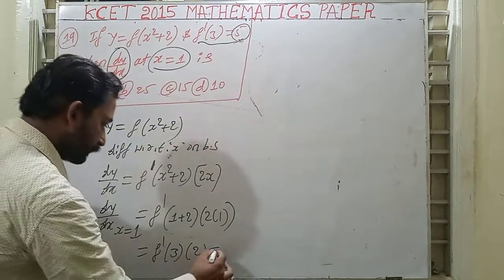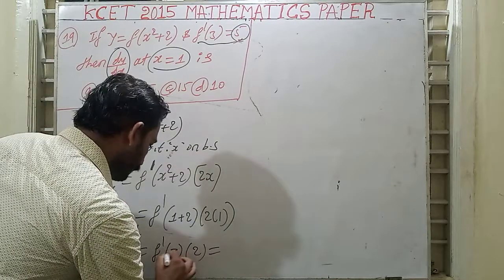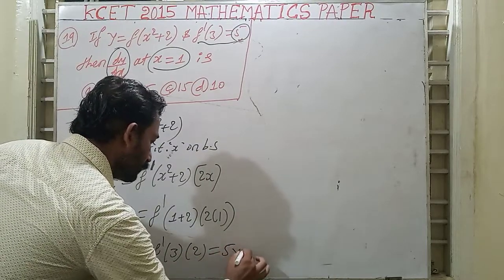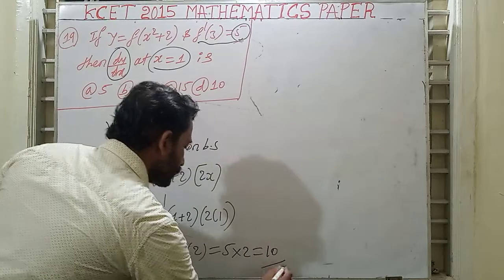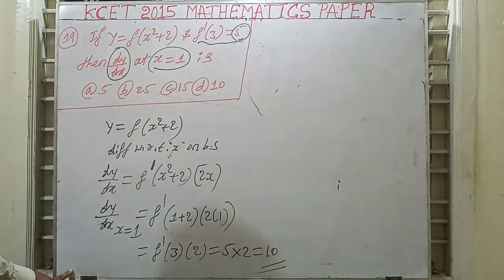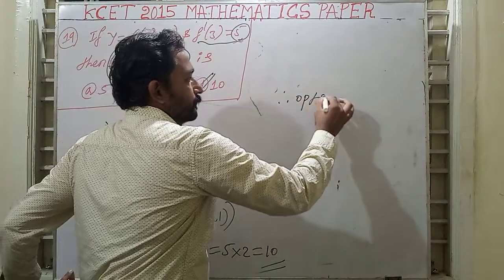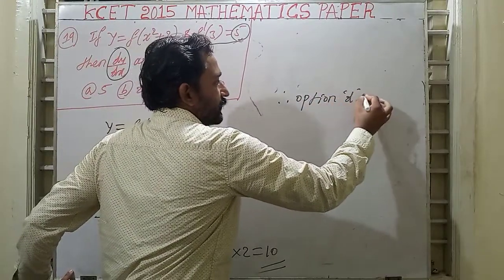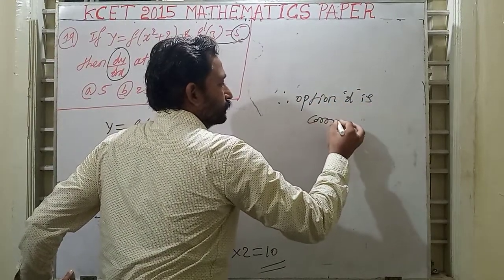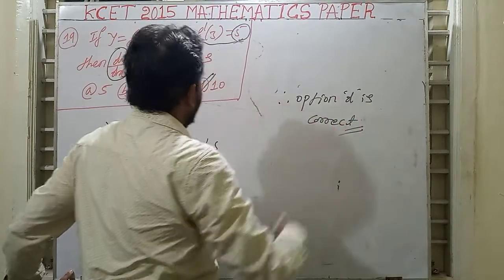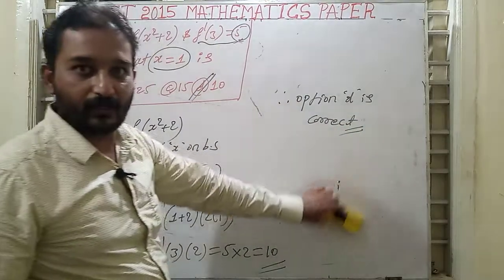So using this data, 5 into 2 is equal to 10. So the answer is 10, and option D is correct. Very easy problem. Most of the students attempt this problem and gain 1 mark.